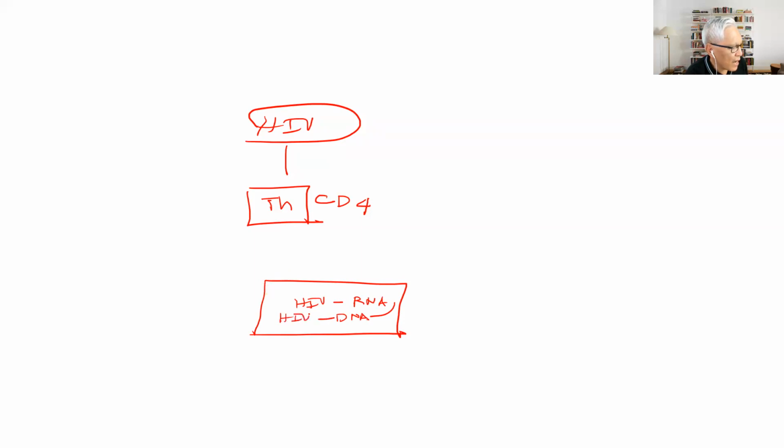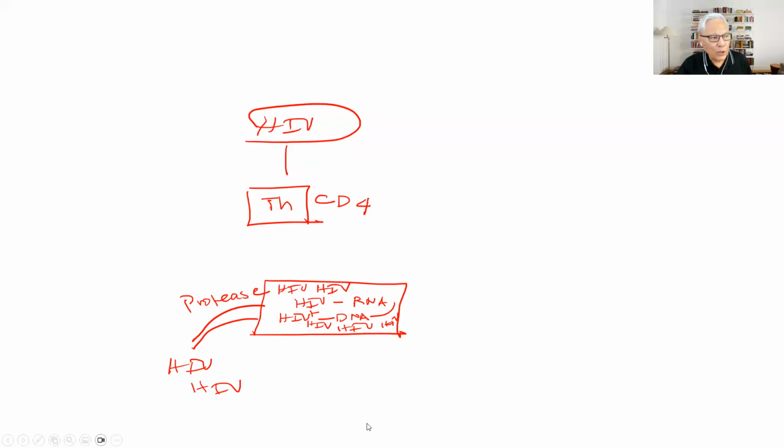So that's HIV being manufactured. Once the cell is full of HIV, how does it go out? It goes out through the enzyme called protease. And so now more HIV is going to spread around the body. So that is how HIV replicates itself and also infects other cells.